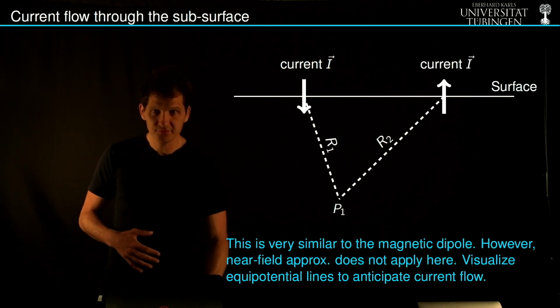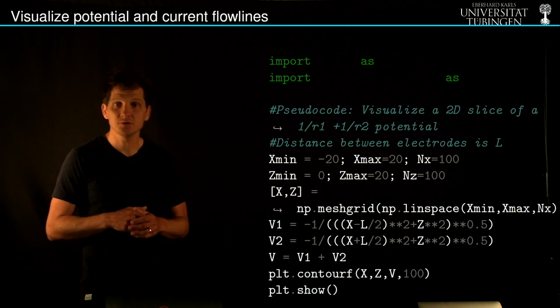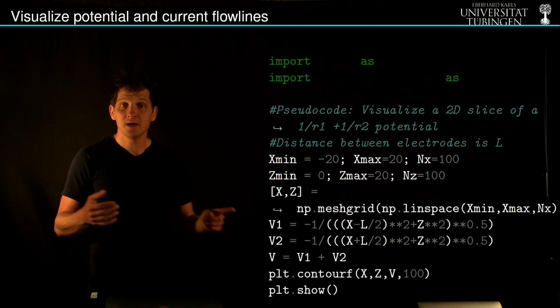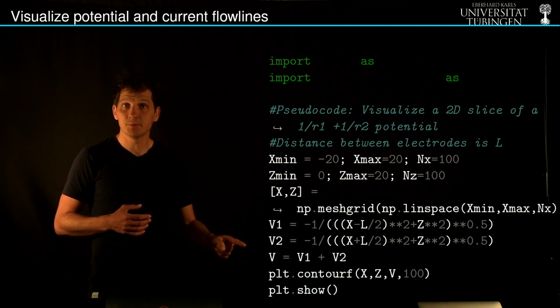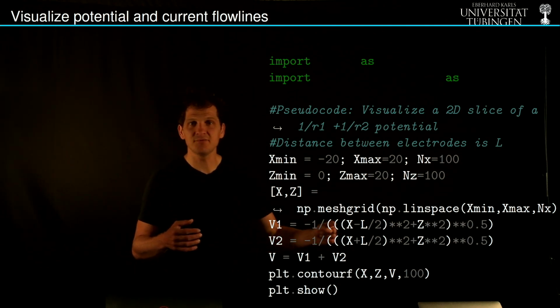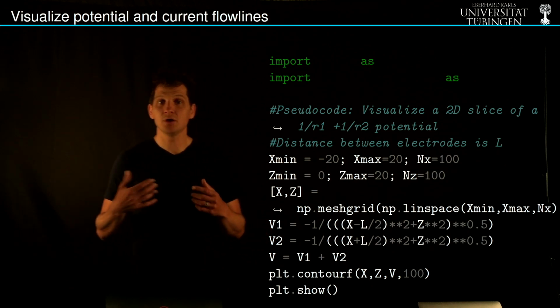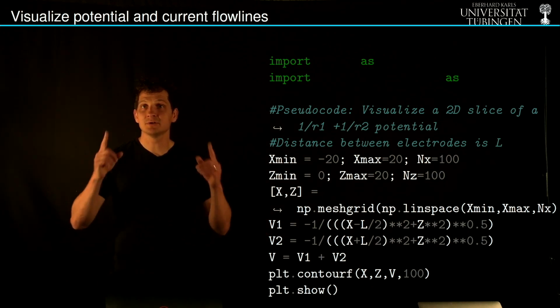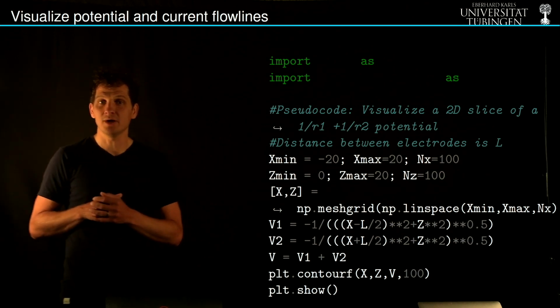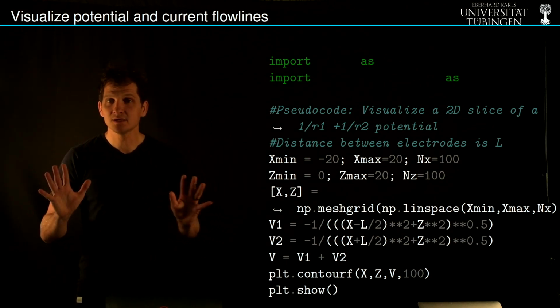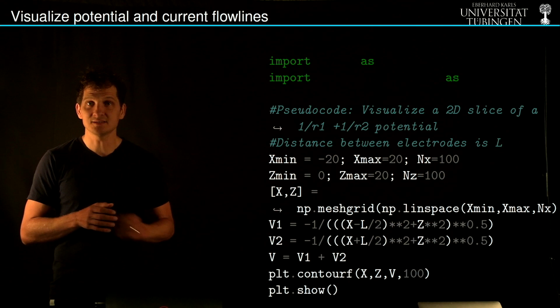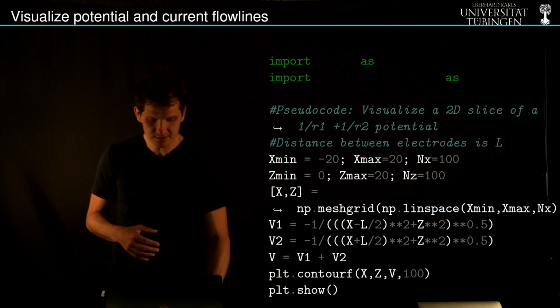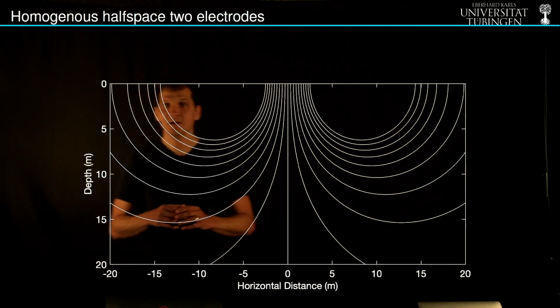So instead of visualizing the contours of one potential, I do this now for the superposition of two potentials, and both of them are shifted relative to the origin with a constant offset, which I call L/2, and which corresponds to the spacing between the two electrodes. All the rest remains essentially the same, and this is the result, okay?